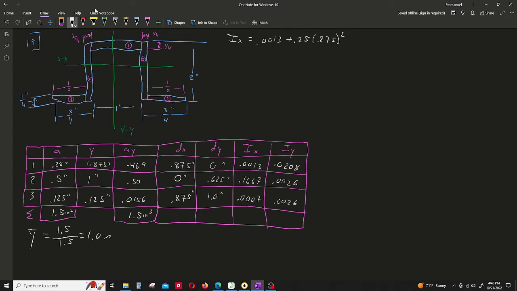I'm just doing all the sums of our IX's here: IX plus AD squared, summing all those up. So that's the first one, plus the second one, which is 2 times 0.1667 plus 0.